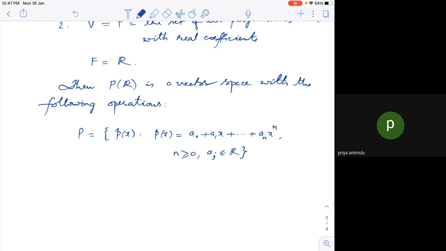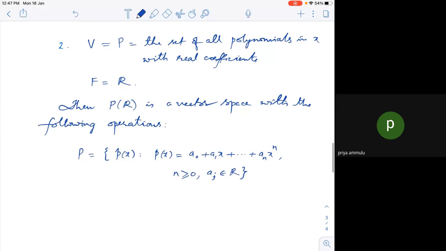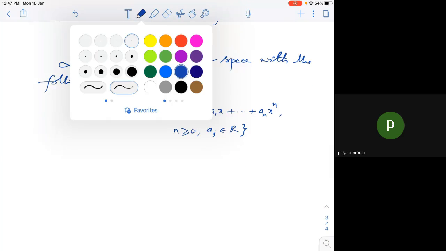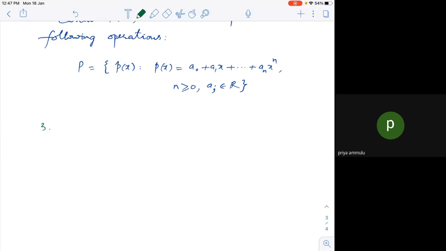Now, let us just try to look at the case with this one. I want to look at some concrete example which has got some beautiful geometrical visualization. Consider this example. V is equal to R cube.